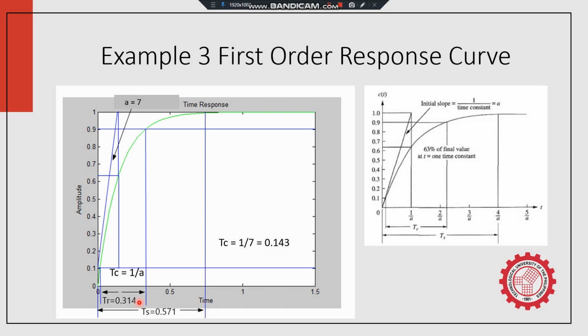0.314. Okay, does it make sense? Yes, because hindi pa siya umabot sa 0.5. So 0.314, it gives us a more accurate answer. While for the settling time, it's about 0.98, so it's almost close.